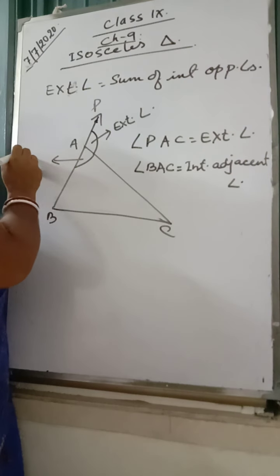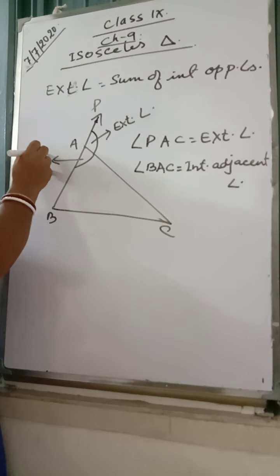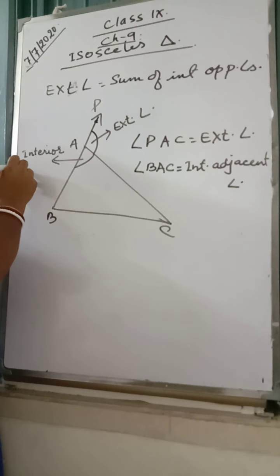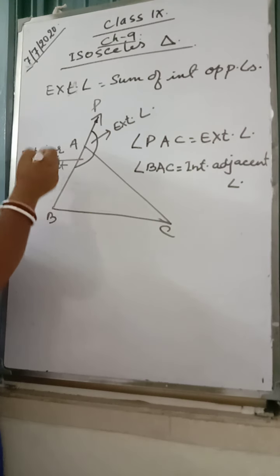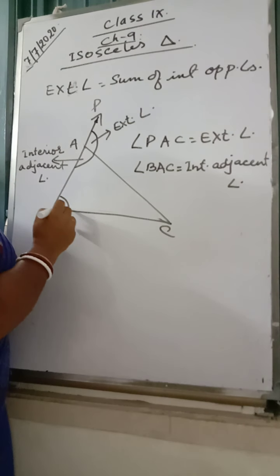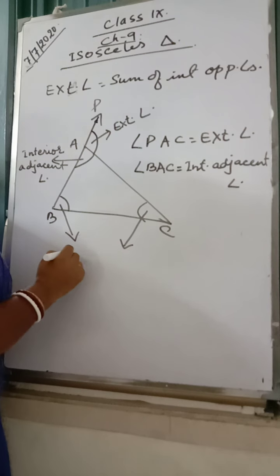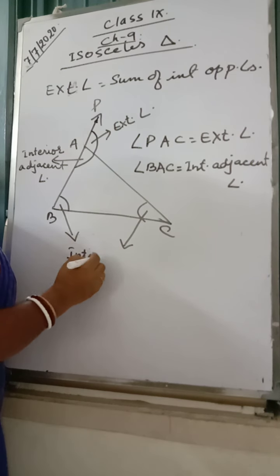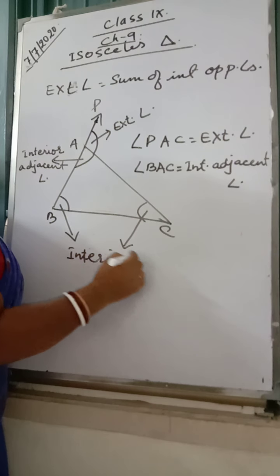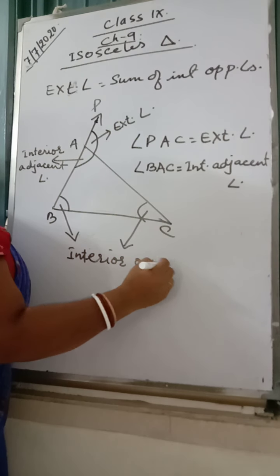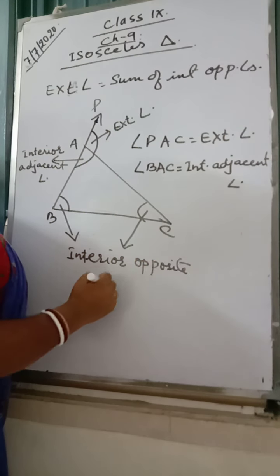This is known as the interior adjacent angle. And these two angles are known as interior opposite angles.